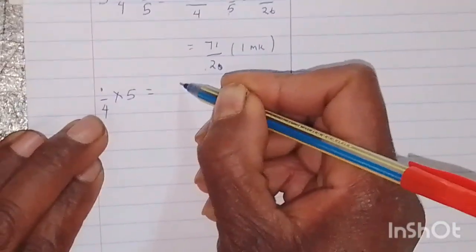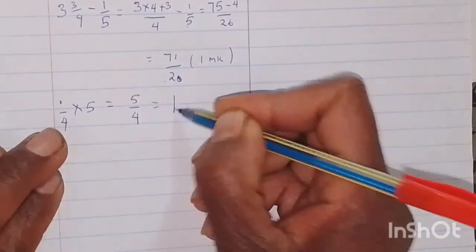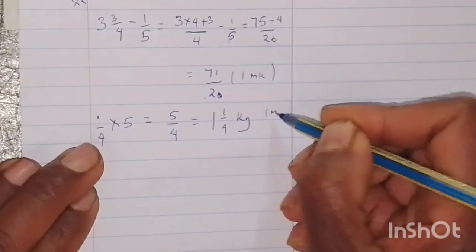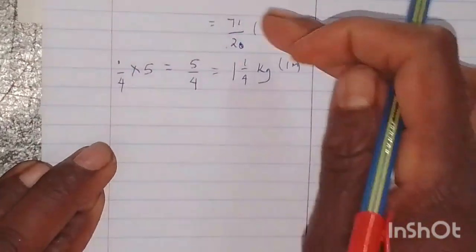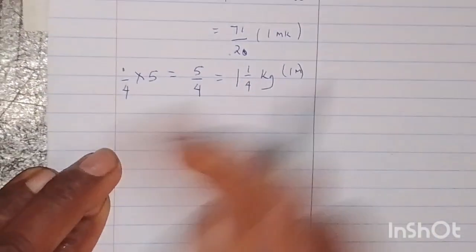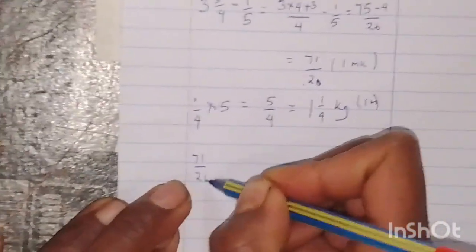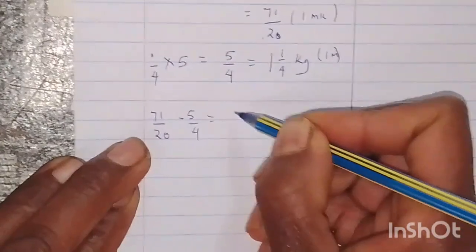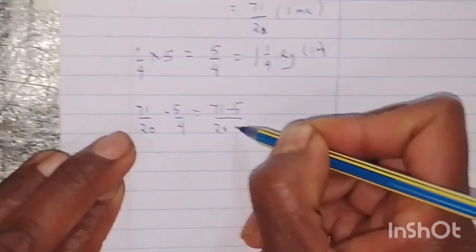That means she gave out 5/4 kilograms. This is equivalent to 1 1/4 of a kilogram. That is 1 mark. Therefore, the amount of sugar she remained with is 71/20 minus 5/4.